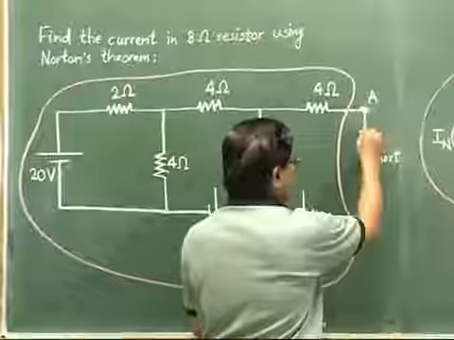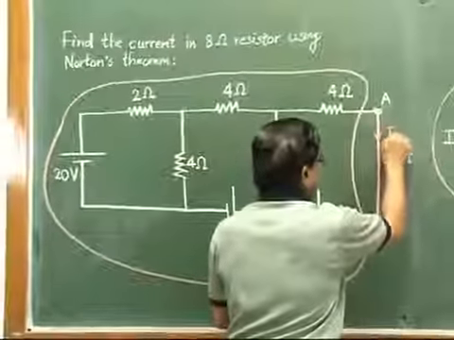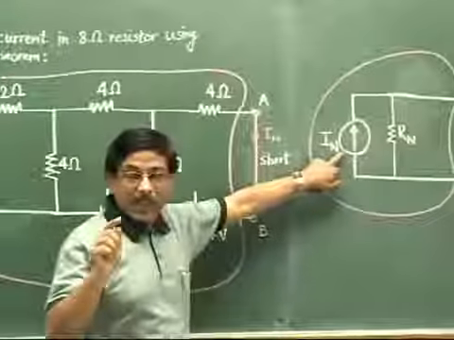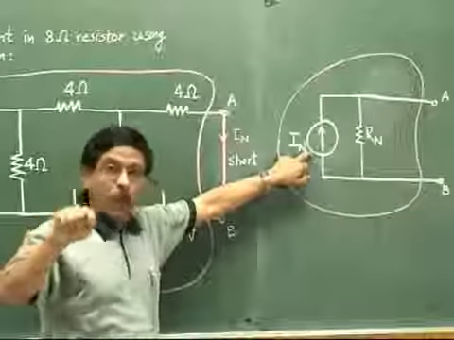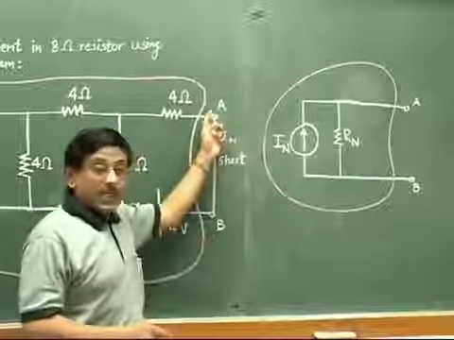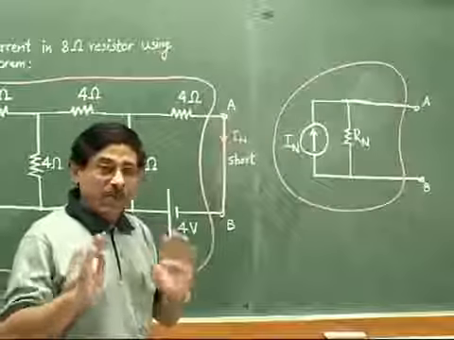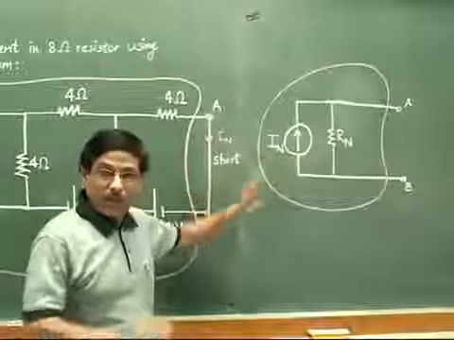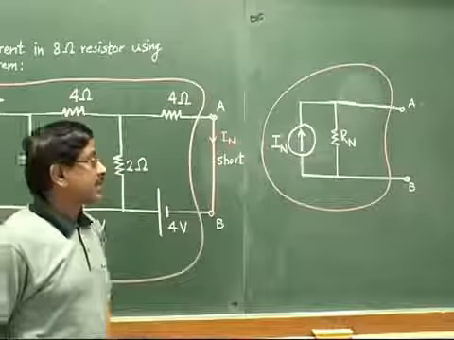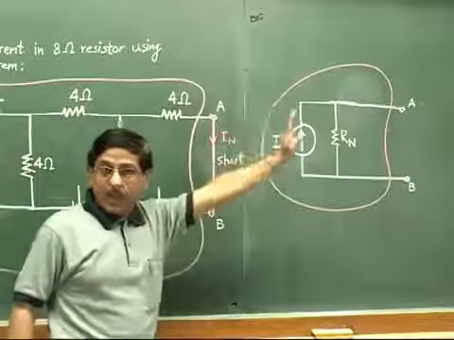This current would be nothing but this IN. So the meaning of IN is the current that would flow in the shorted link. We will be shorting these points A and B just temporarily for calculating IN. Later on we will be removing it. So the steps would be like this. We will first be removing the load resistor.